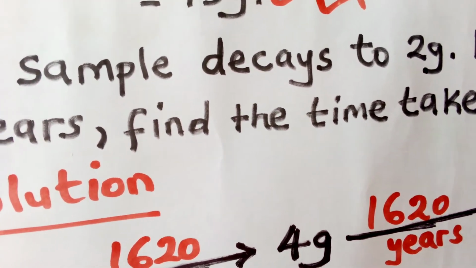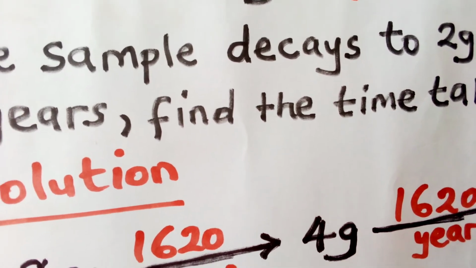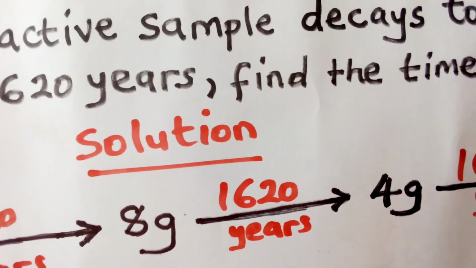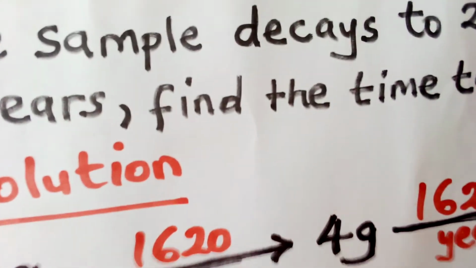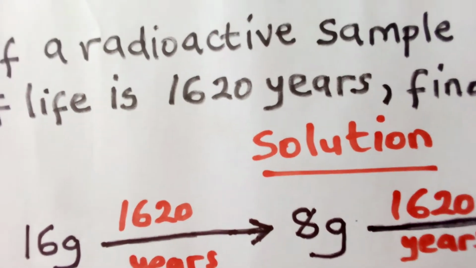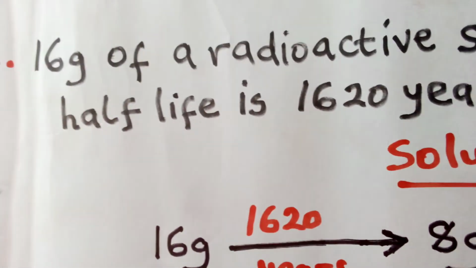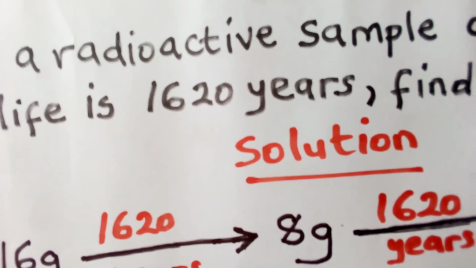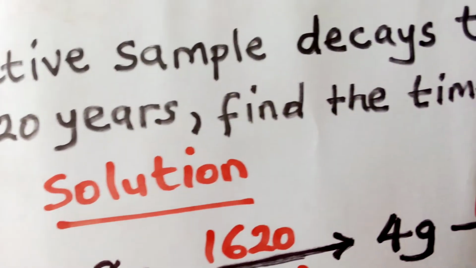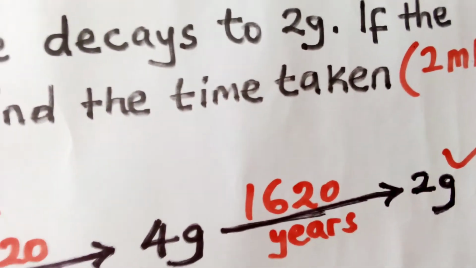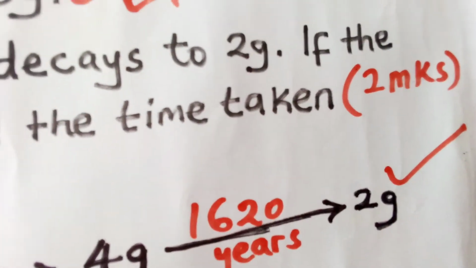So when you are drawing this, you make sure you start from 16, you end with 2. Don't go beyond 2. Then the question continues. If the half-life is 1,620 years, so the half-life is given, which we represented as n, find the time taken. 2 marks.